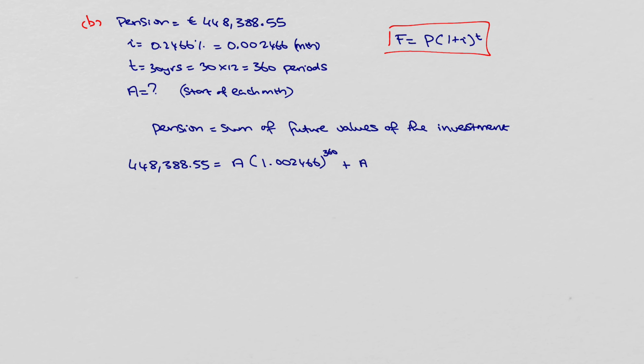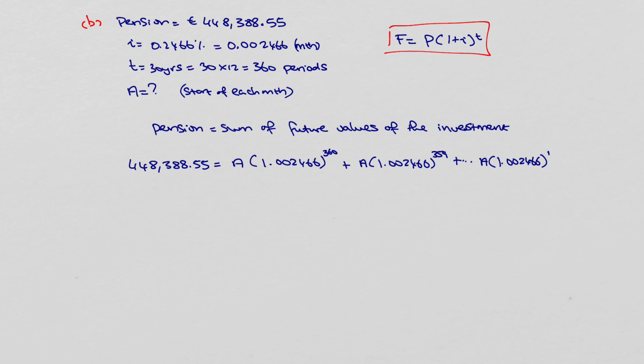The next one would be earning interest for 359 and so on until we get to the last amount that has gone into the account. So the last amount that goes into the account, because it goes in at the start of the month, will earn interest for that very last month.